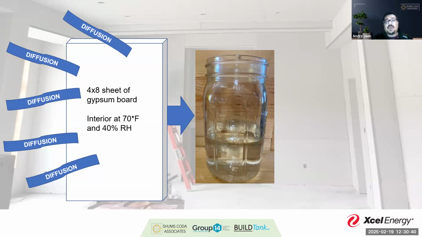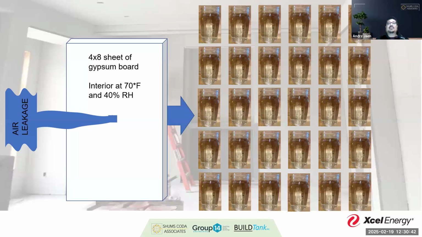Now, if I put a 1 inch by 1 inch hole in that sheet, and now we're able to clearly leak that air through and diffuse it, now look at how much water is coming through that. It's almost absurd that it's 60 times as much that is actually passing through that assembly.